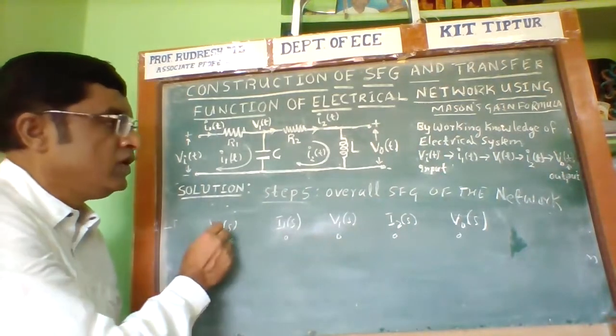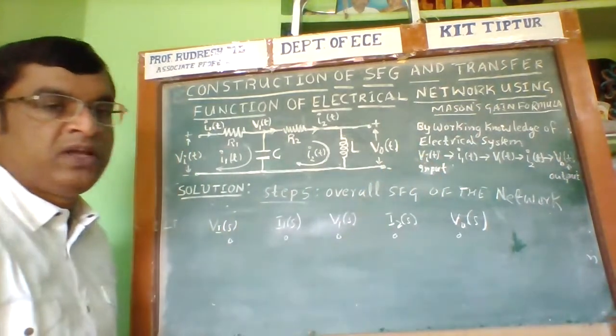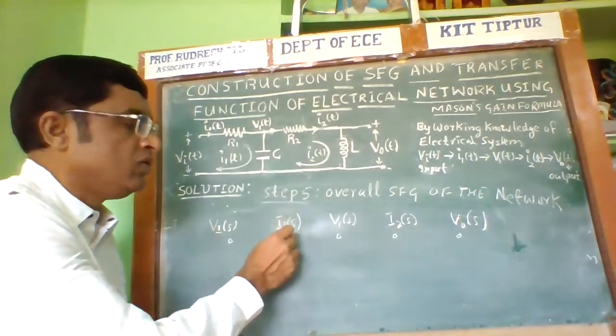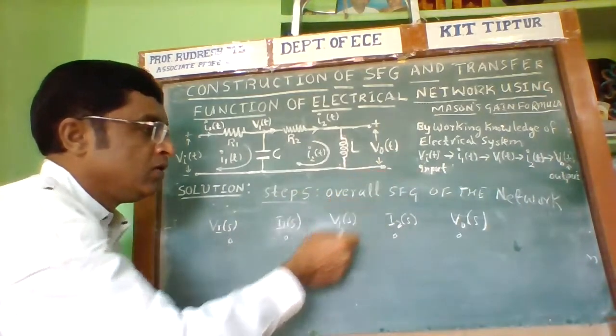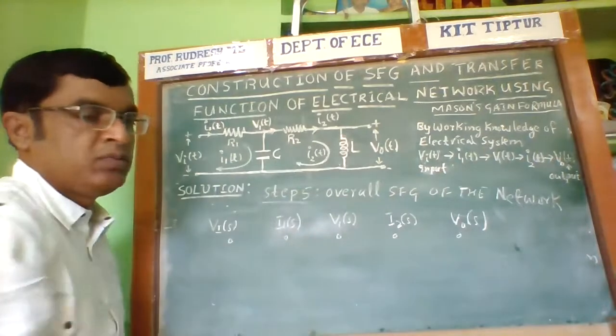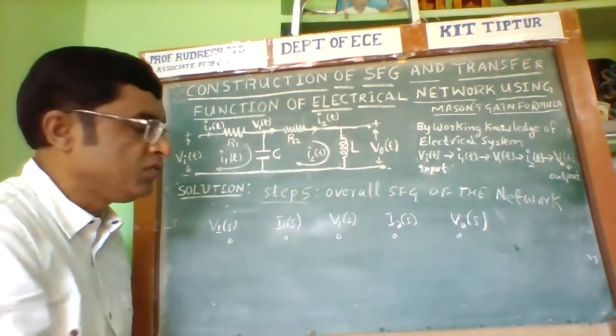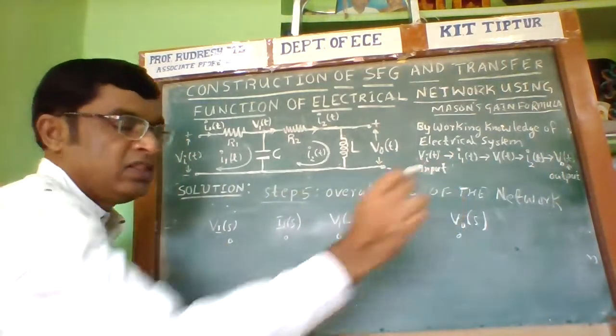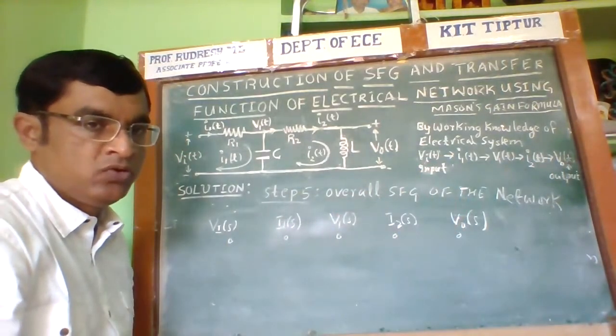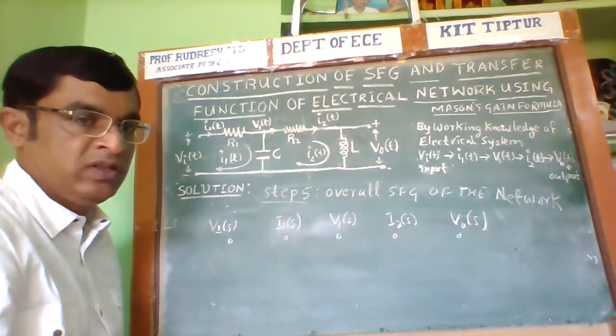So this is the input variable V of t, V of s. So I1 of t, Laplace transform I1 of s. So this is the V1 of t, Laplace transform V1 of s. So there are 5 variables.